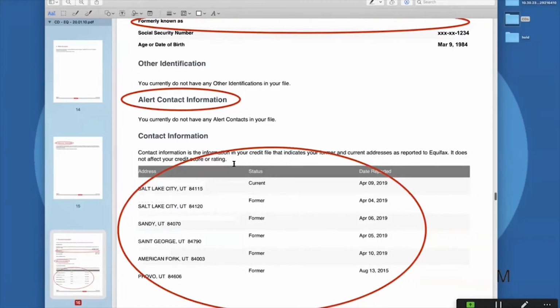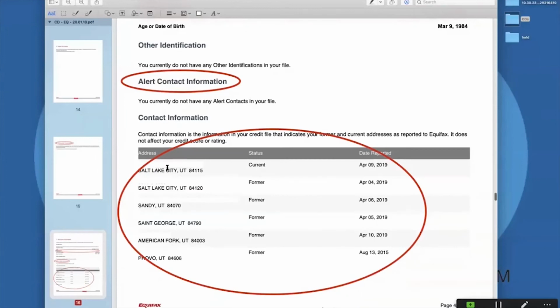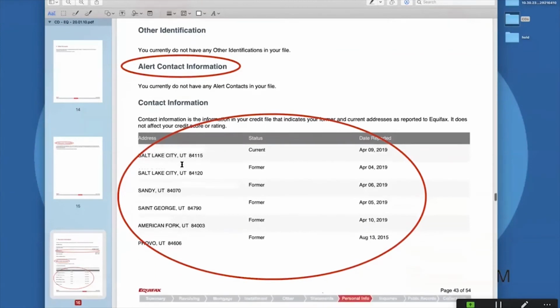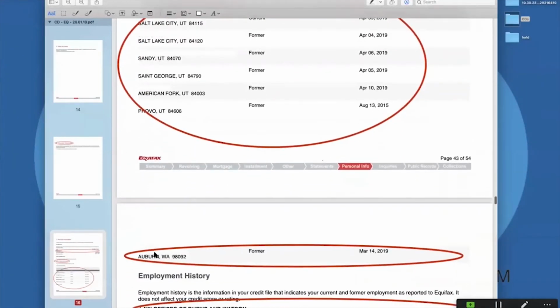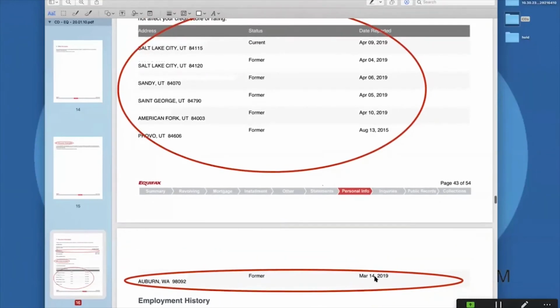Now look at the problem here. You'll see on yours that there are two. So we've erased or redacted the street address, right? But notice the problem here. We have a Washington address in March of 2019, so that's just last year. Then August 13th, Provo. Then it jumps.